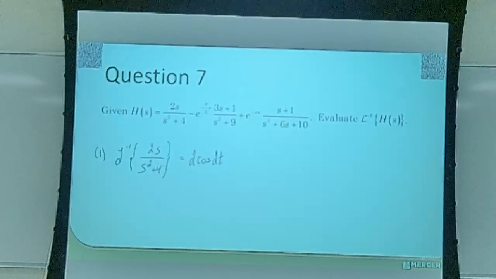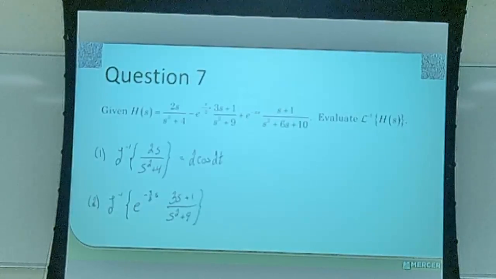All right, now, 2. Of course. Shifting theorem.